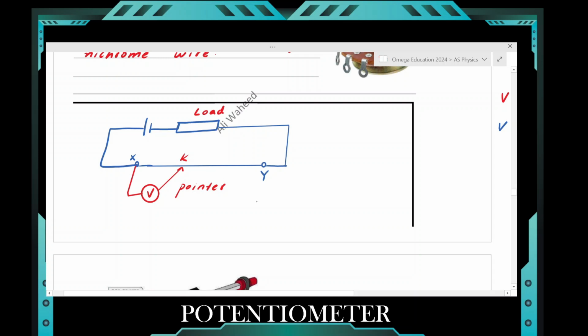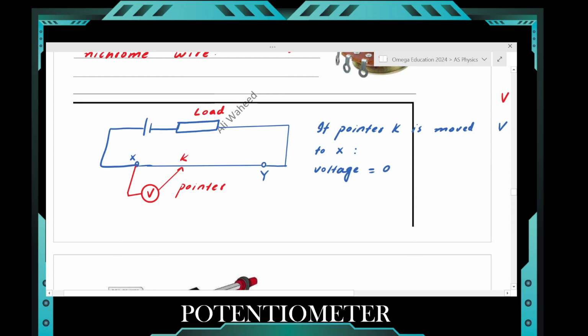So the first thing is, if I bring the pointer towards the point X, if pointer K is moved to X, meanwhile you can keep noting it down as well, the voltage will be 0.